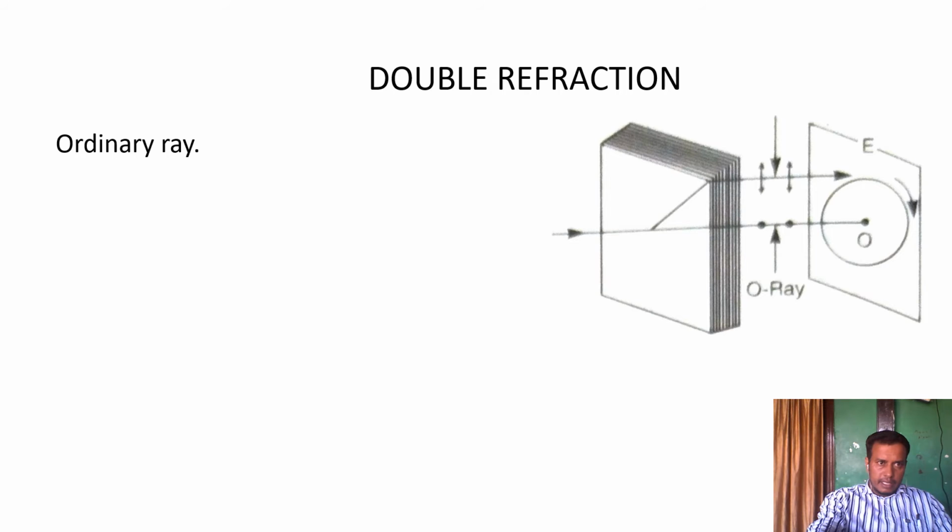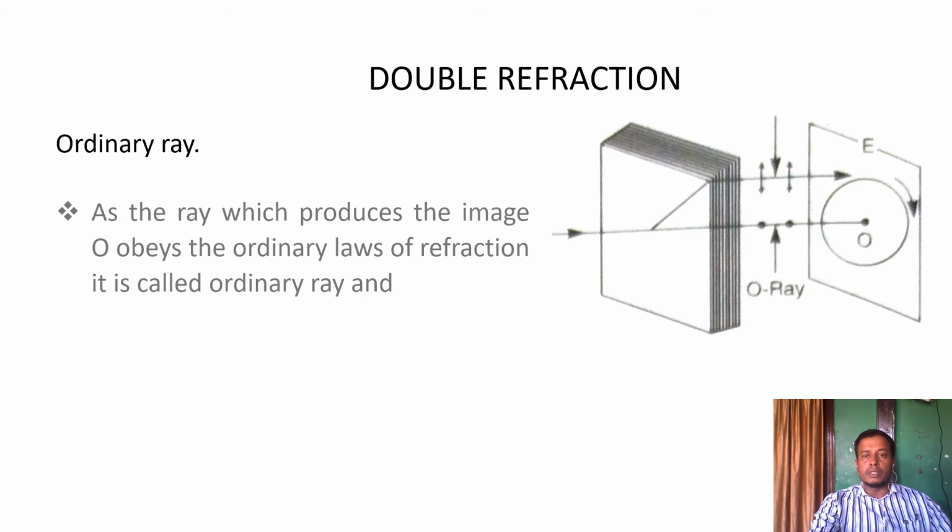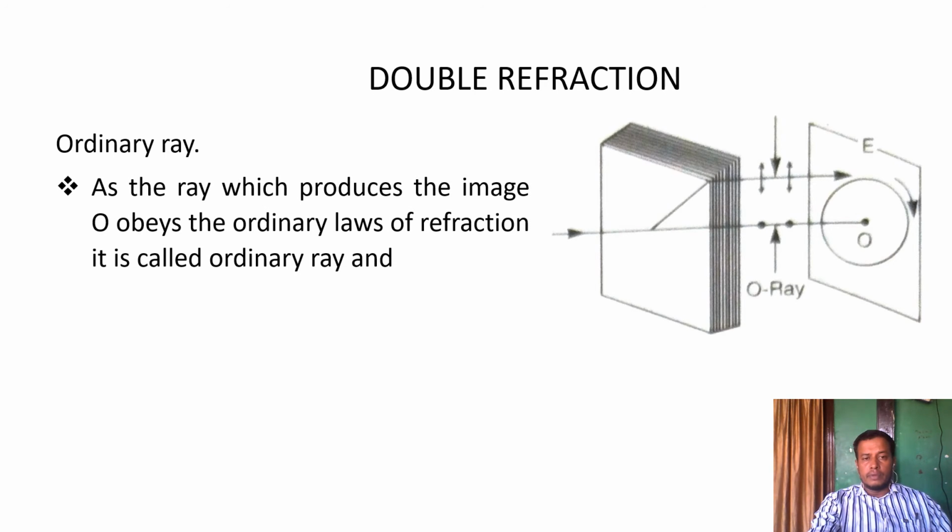Let me see here what is in this picture. The light ray hits the calcite crystal, and after it emerges as the ordinary ray and extraordinary ray. The ordinary ray does not change its position, it does not rotate, because it obeys the law of refraction, also known as Snell's law. What is the ordinary ray?